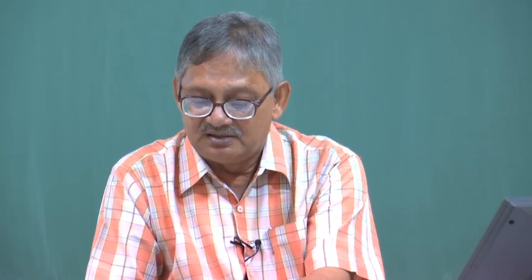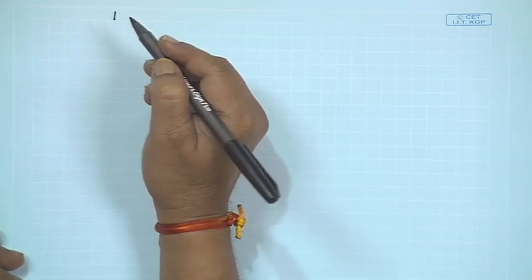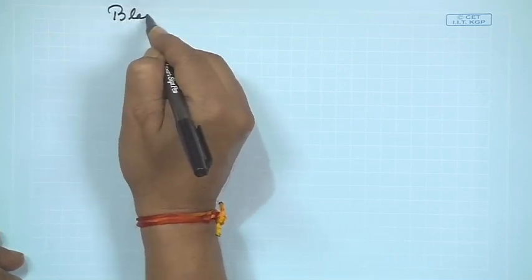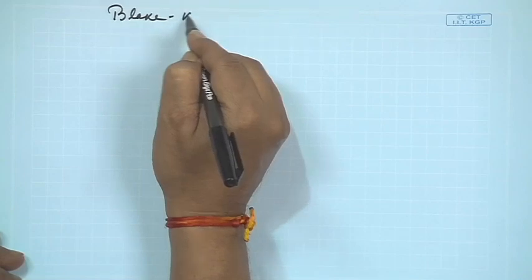So, for that another scientist combined these two, he has used both of these two relations, the Burke-Plummer equation and the Blake-Kozeny equation, first was Blake-Kozeny.